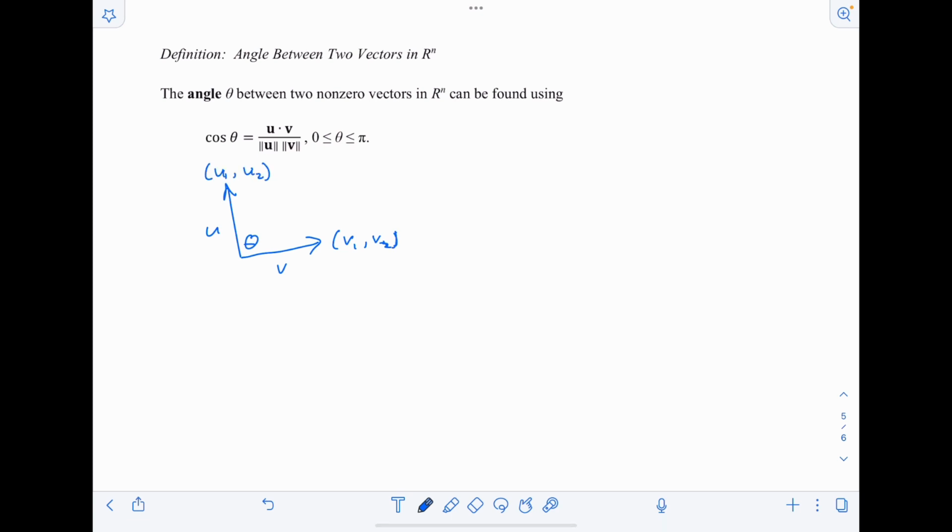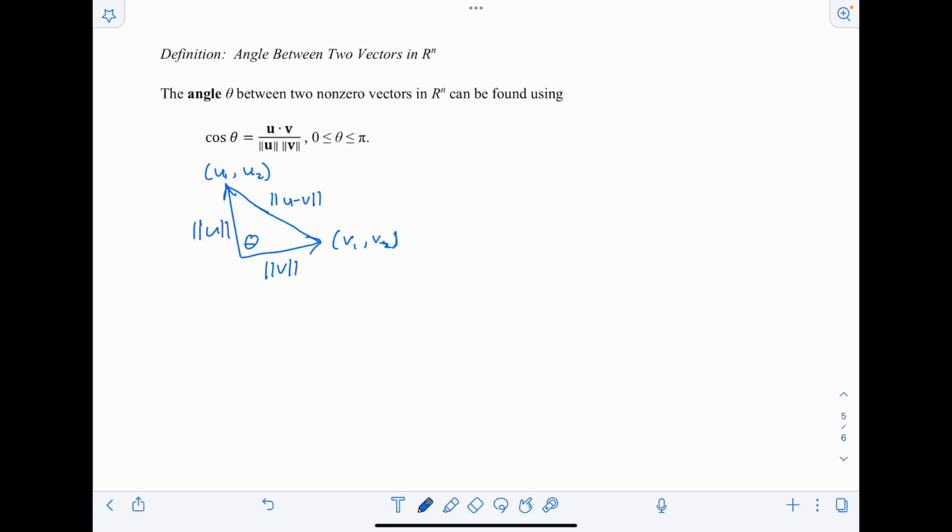If I connect the tips of these two vectors and create a triangle, I have the magnitude of U and the magnitude of V as lengths. To find this side, the magnitude of U minus V, I could use the law of cosines.